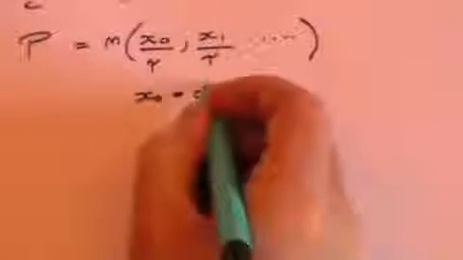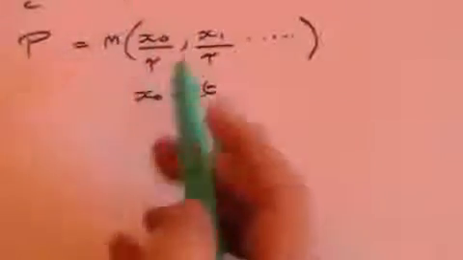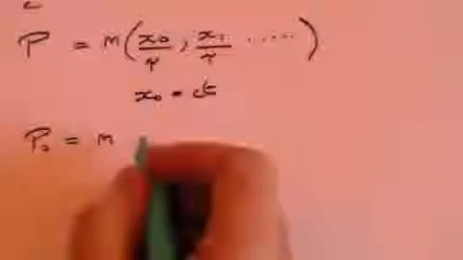But to keep things simple, we're just going to do it in the time dimension and one space dimension. Remember, x0 is c times t. So the first element of this vector, which we shall call p0, is m and then ct divided by tau.